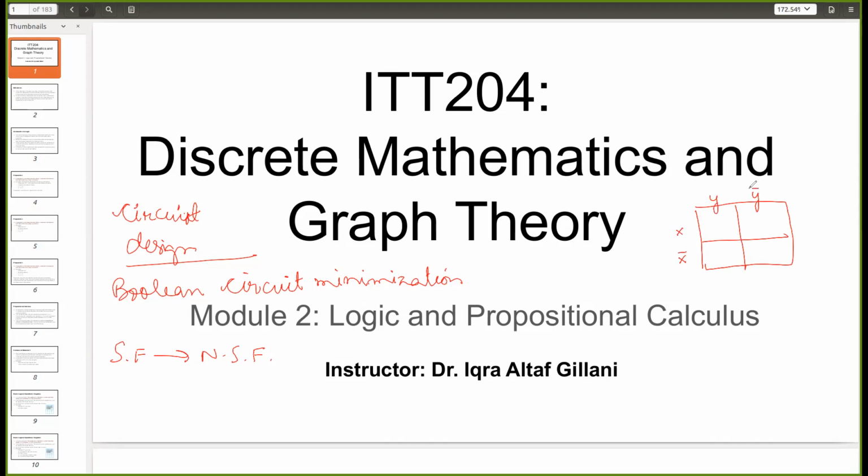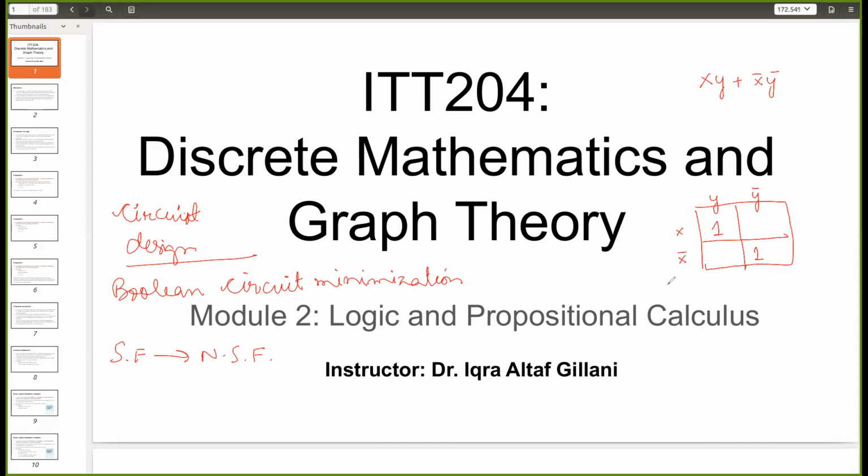The way Karnaugh maps work is you put a 1 in the term which is present in your expression, and where there's no minterm, you don't put anything. Like if I have x y and x bar y bar, I put a 1 in x y and a 1 in x bar y bar, and in the others I don't put anything.